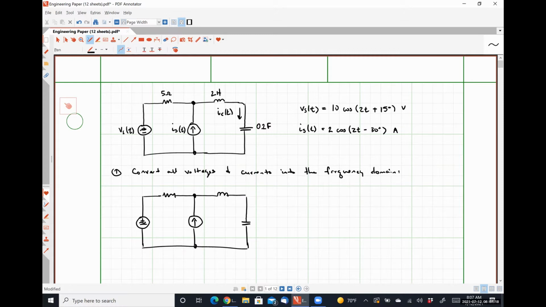How do we convert from the time domain directly to the frequency domain or phasor domain?